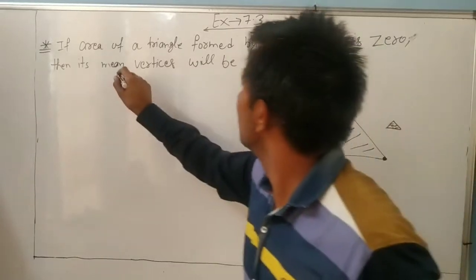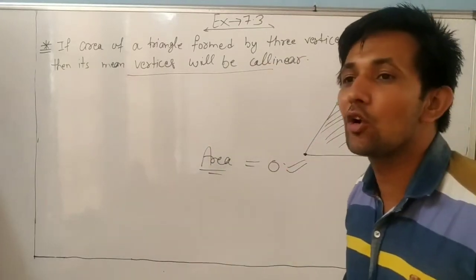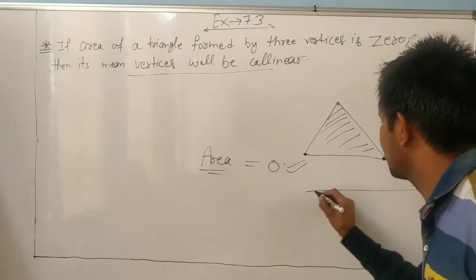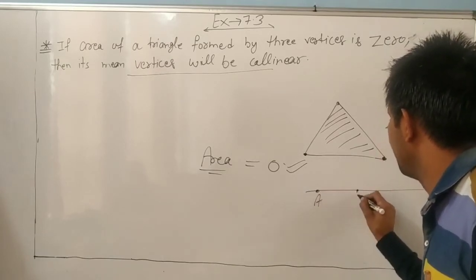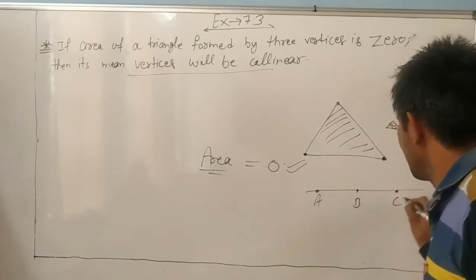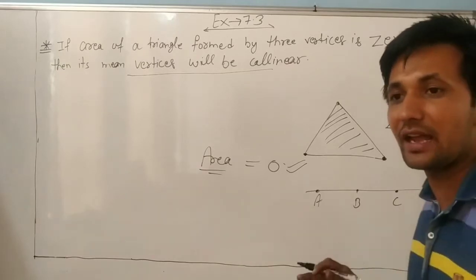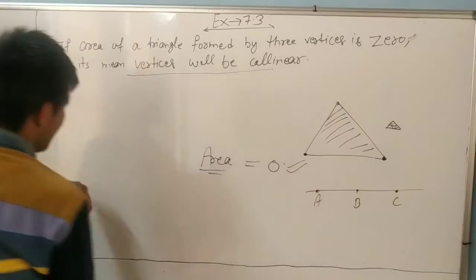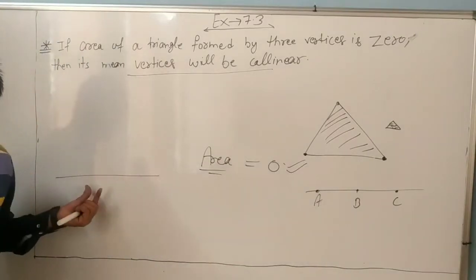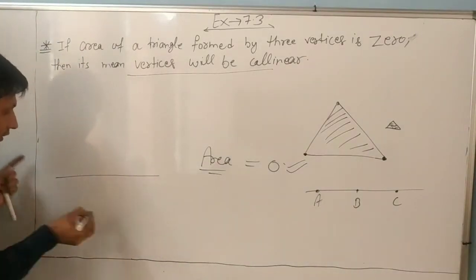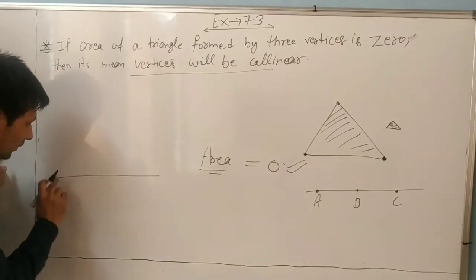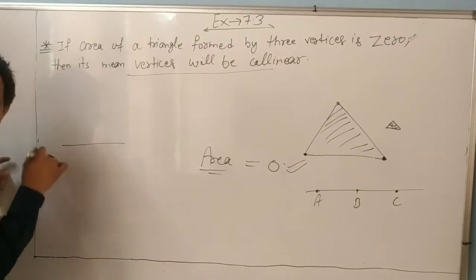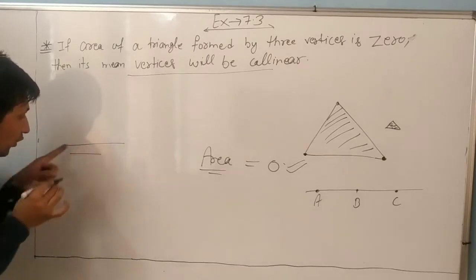It means the vertices will be collinear. These vertices are like this one. It is A, B and C. If all 3 points are in one line, they are collinear. And everyone knows, what is the area of a line? The area of a line is always 0, because we can take a line, and we can take one more line which is thinner than this one also.